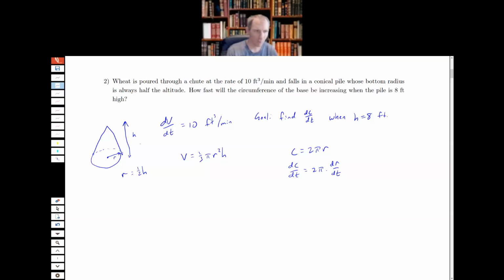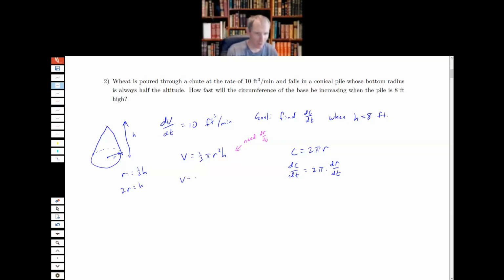Now if I come back to my volume equation, what I really want is dr/dt. In this case I don't want the h, so let's eliminate the h. If I multiply both sides by 2, 2r equals h.